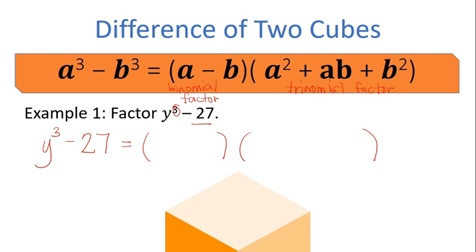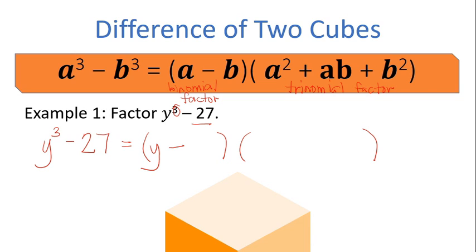In getting the binomial factor, we're going to get the cube root of the first term and the second term of the given binomial. In exponent, we're going to divide the exponent by 3. We have here y cubed. Now divide 3 by 3. The answer is 1. We're now going to write only y. If the sign is minus, the sign of the binomial factor is also minus.